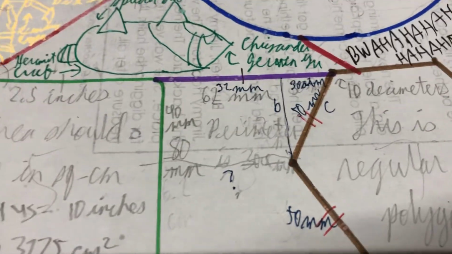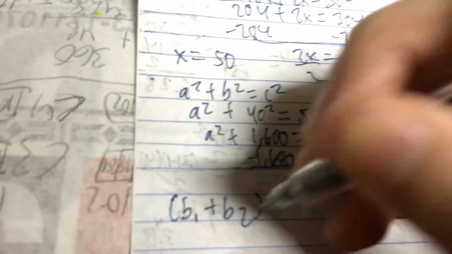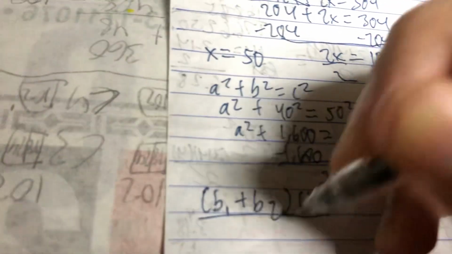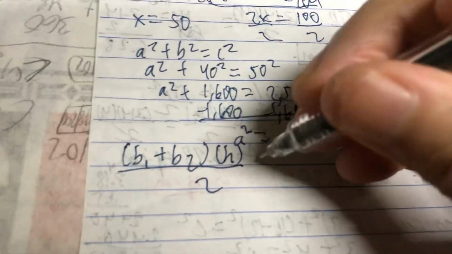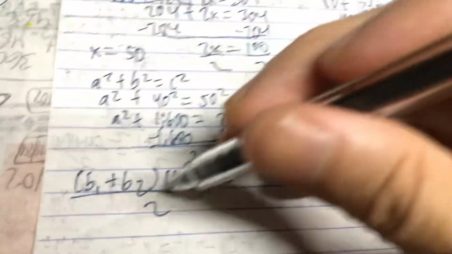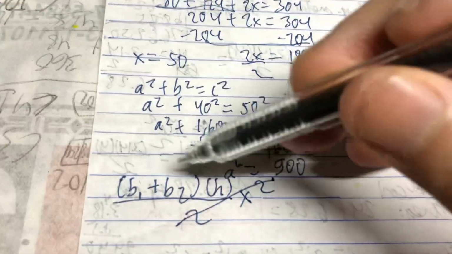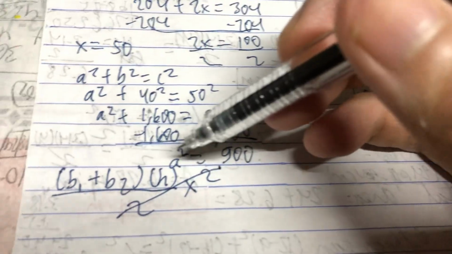Pero kung ginawa mo yan, I'm sure, basta, you will see the formula. Okay? So ito ba yung formula? B1 plus B2 times height divide by 2. But since there are two congruent trapezoids, you have to multiply it by 2. Take note, these 2's already cancel. So what's left is just the two bases that you need to add, then times the height na lang.